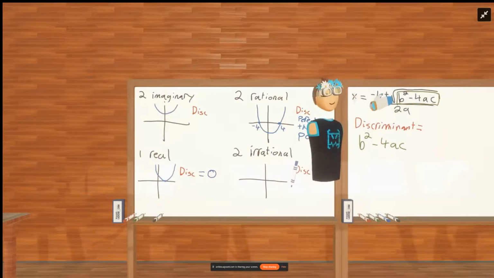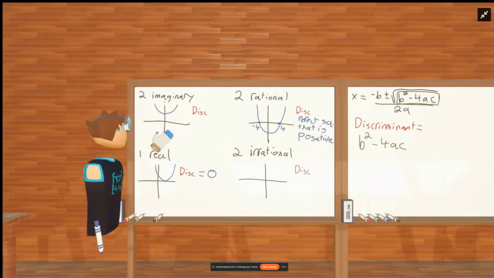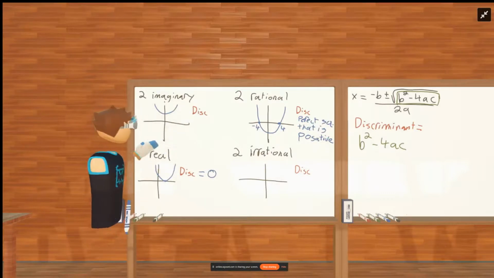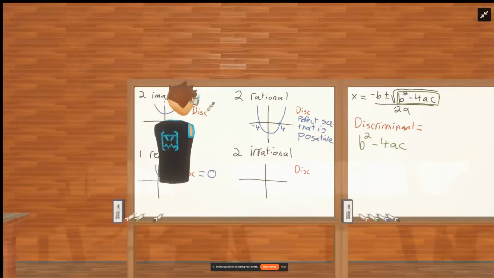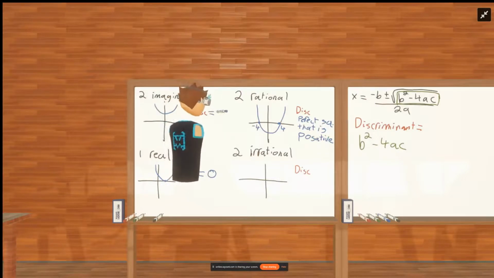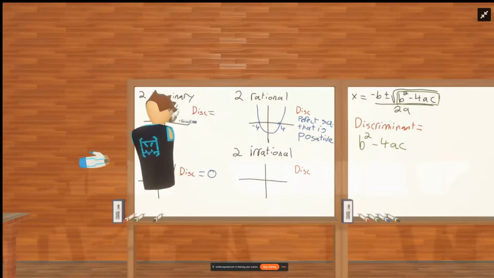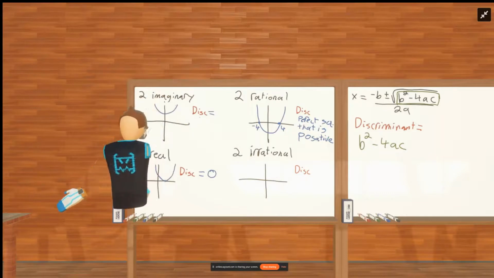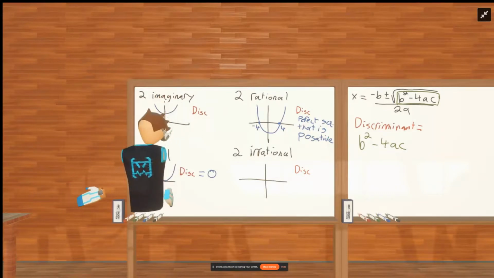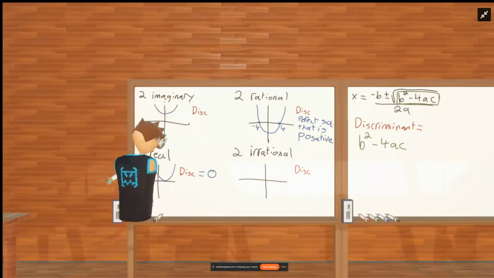It means that whatever's under that radical is negative. So for a problem like this, it's very simple. If you find the discriminant that is negative, then you know that you're going to have two imaginary roots. So we're going to say that this discriminant is less than 0.